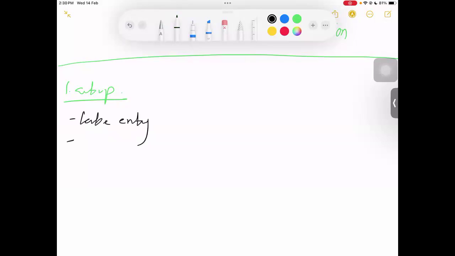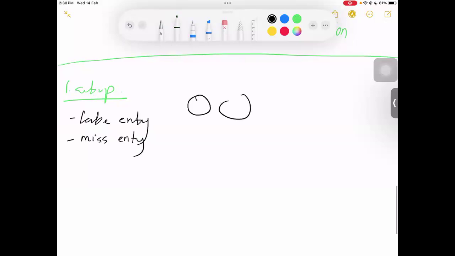Late entry, and you will miss entry. Because of what? Let's say you wait for daily setup. The left side already has EG. Then you need to wait for this right EG.